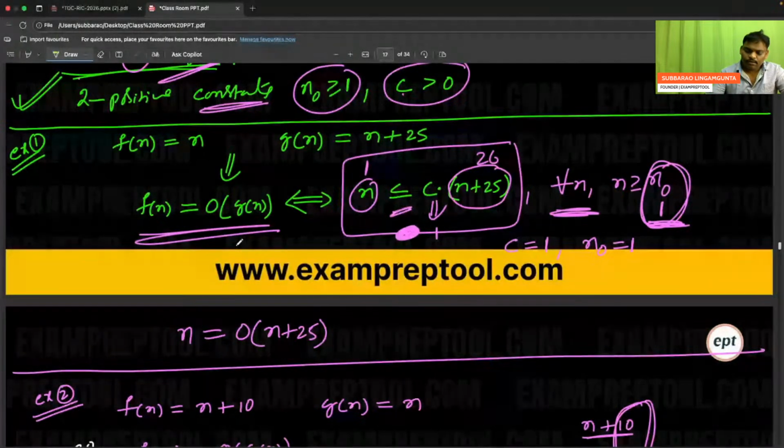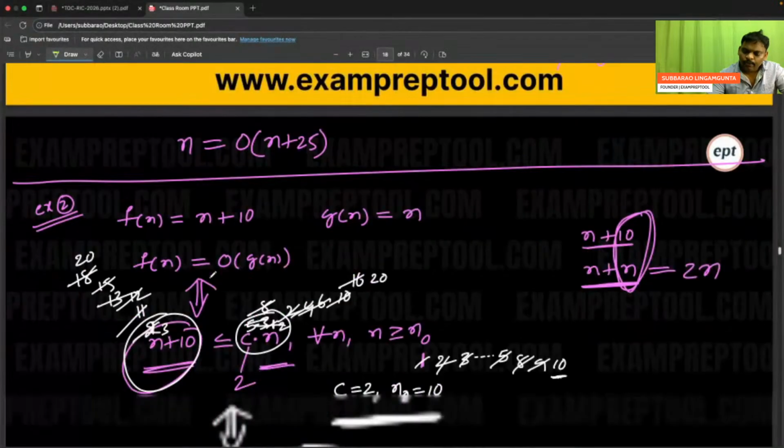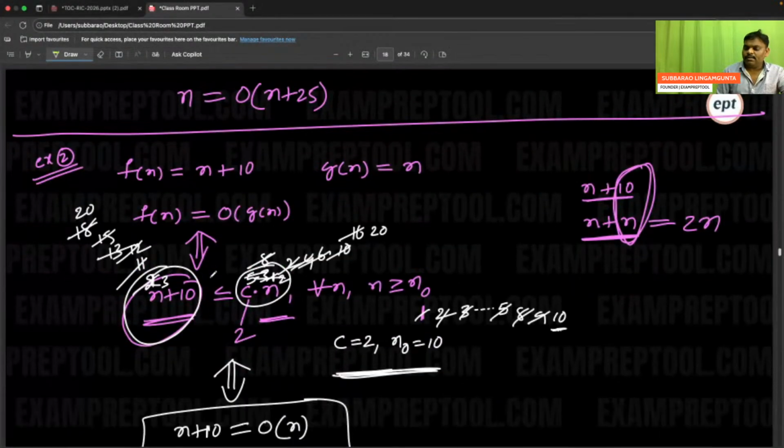Next, the second problem: the left side is n plus 10, the right side is n. Actually, to be frank, left is bigger, but I have to prove right bigger. Directly not possible. You can take c's help. If the left side is n plus 10, on the right side you can make 2 into n, because 2n means n plus n. Comparing with 10, n is bigger.